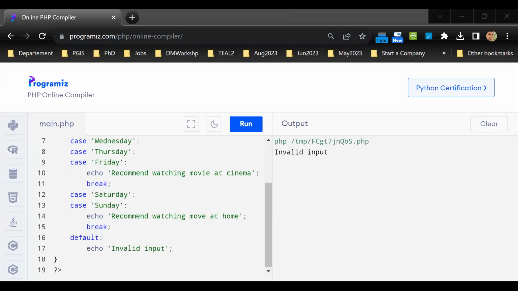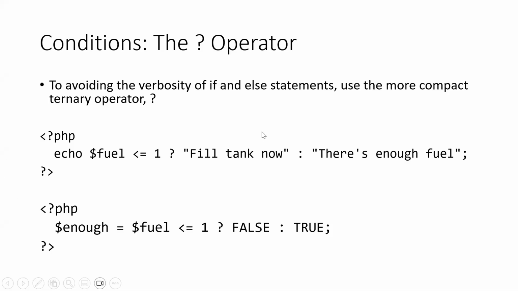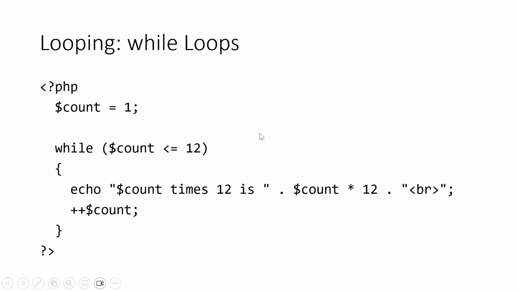Okay. So we discussed the selections. Next, let's look at loops. We can use a while loop. We know when you're using a while loop, we have to have a start value, the increment, and also the condition. And in this particular case, you will see count times 12.